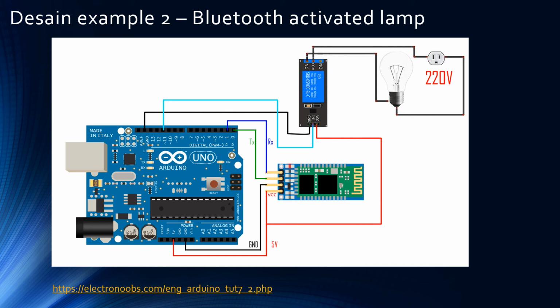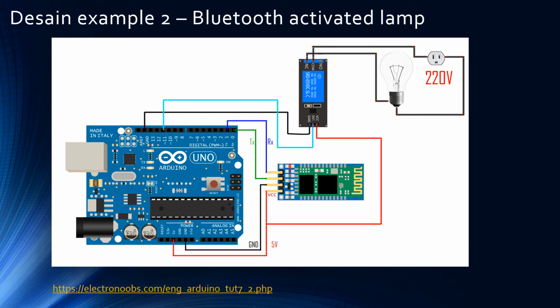You only need Arduino Uno or Nano, and one relay module. You can use two relay modules if you want to control two lamps, or three or more, up to 8 relay modules.